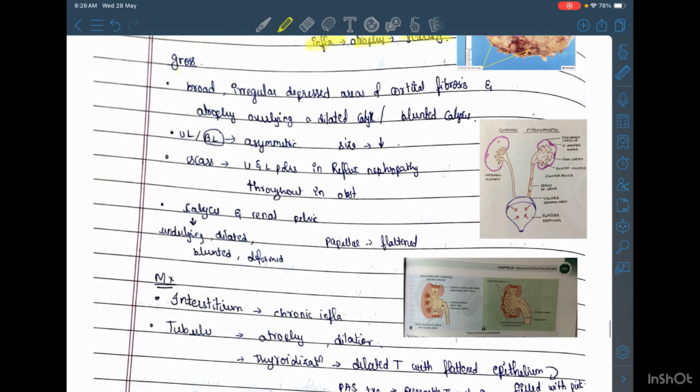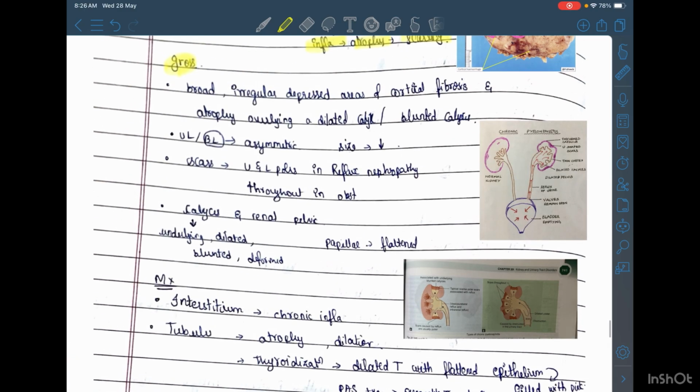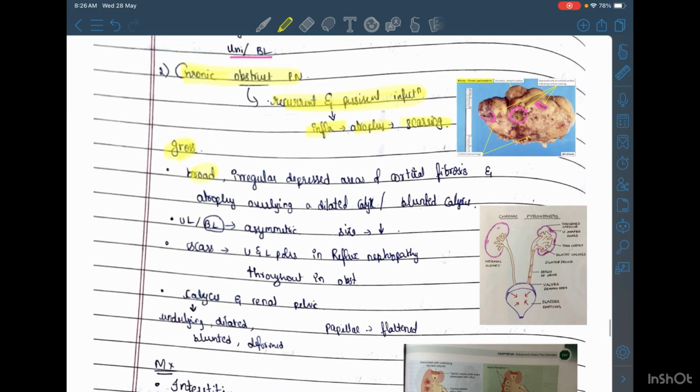Then coming to the gross, both of these are different. There will be broad, irregular, depressed areas of cortical fibrosis, with atrophy overlying a dilated calyx.